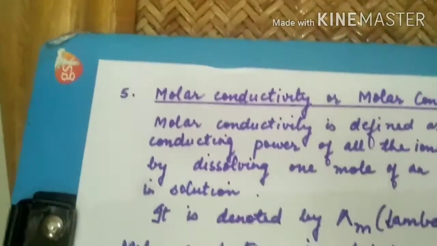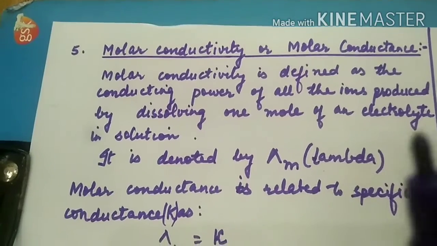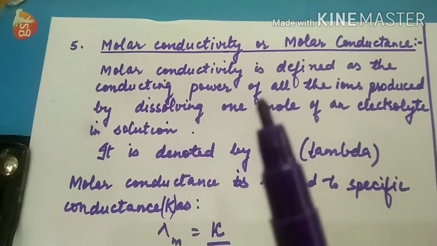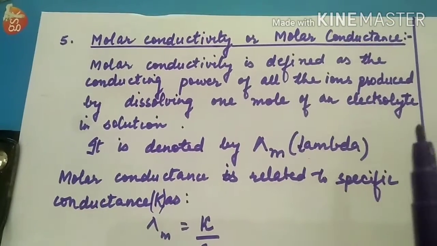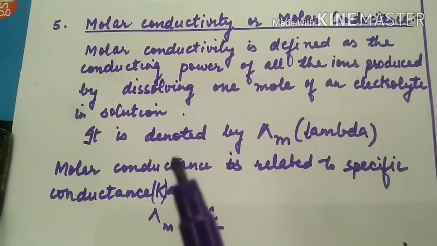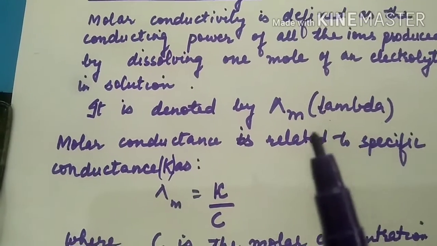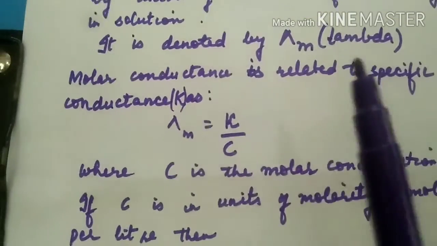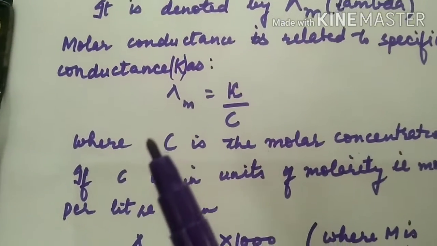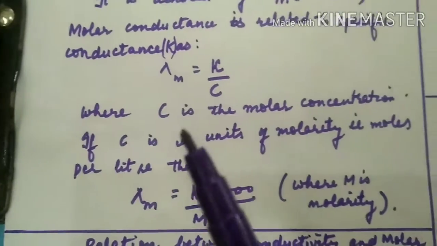Next term is molar conductivity or molar conductance. Molar conductivity is defined as the conducting power of all the ions produced by dissolving 1 mole of an electrolyte in solution. It is denoted by lambda m or lambda. Molar conductance is related to specific conductance as lambda m is equal to kappa upon C, where C is the molar concentration.